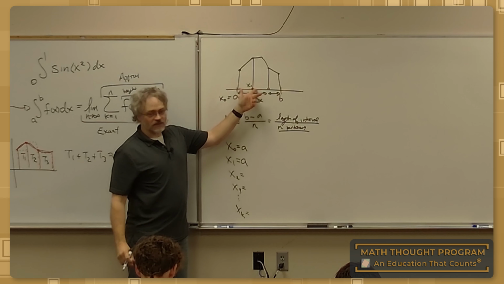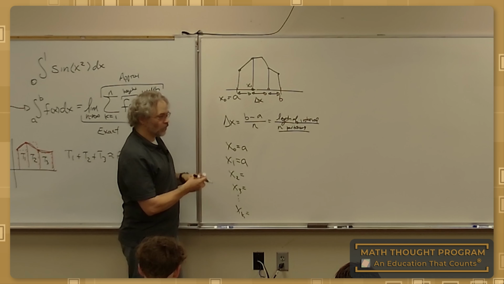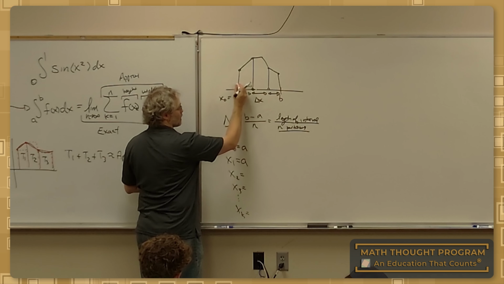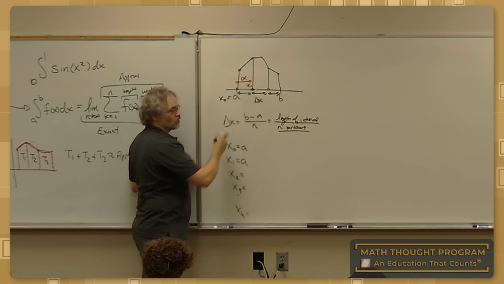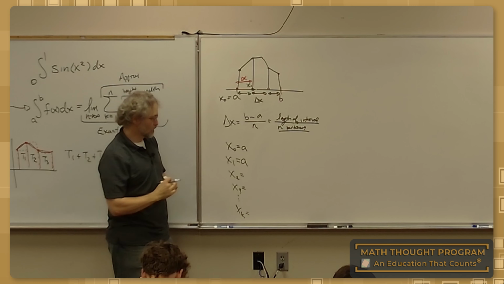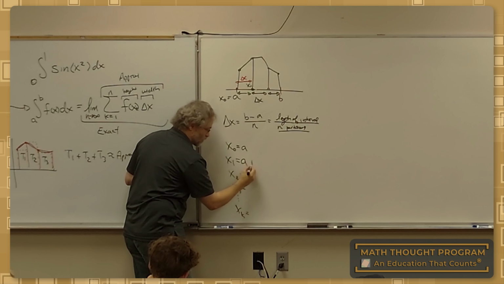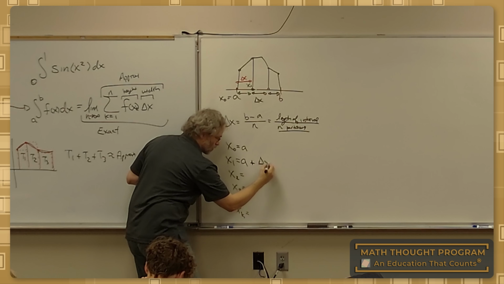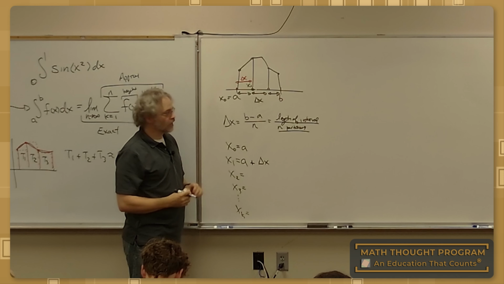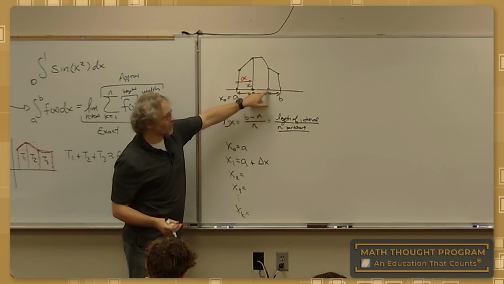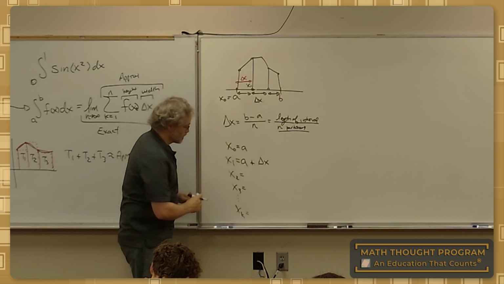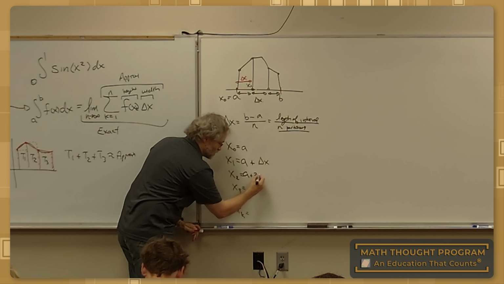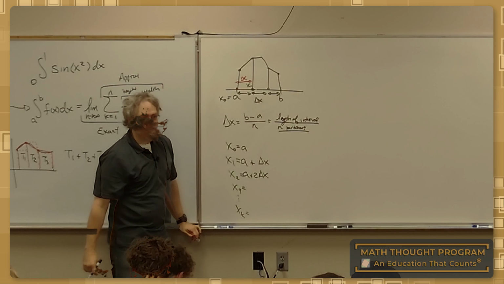If I want to go to x1, how far away is x1 from x0? That's 1 delta x. So I would take whatever I had beforehand and add 1 delta x to it. And if I want to go from here to there, how far did I travel? 2 of these. So I would have a plus 2 delta x.